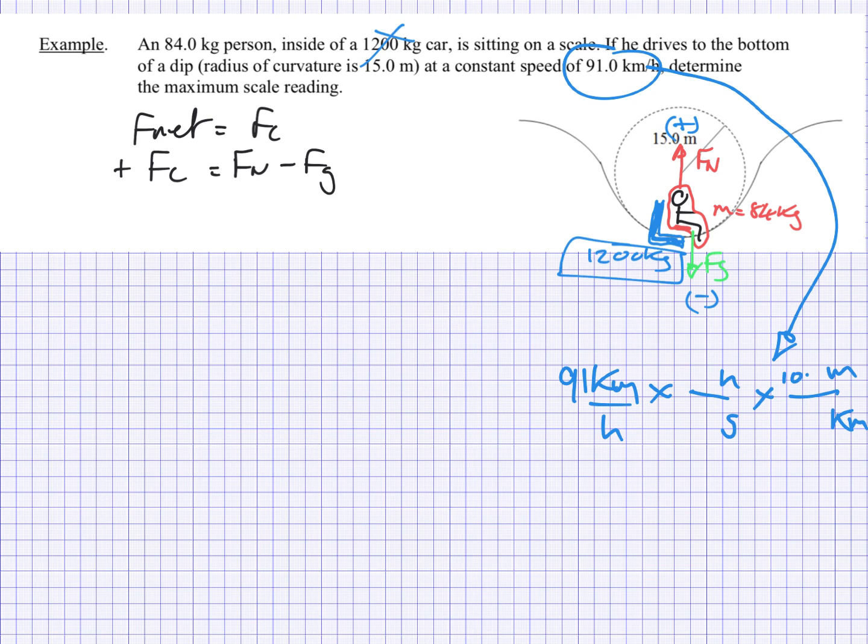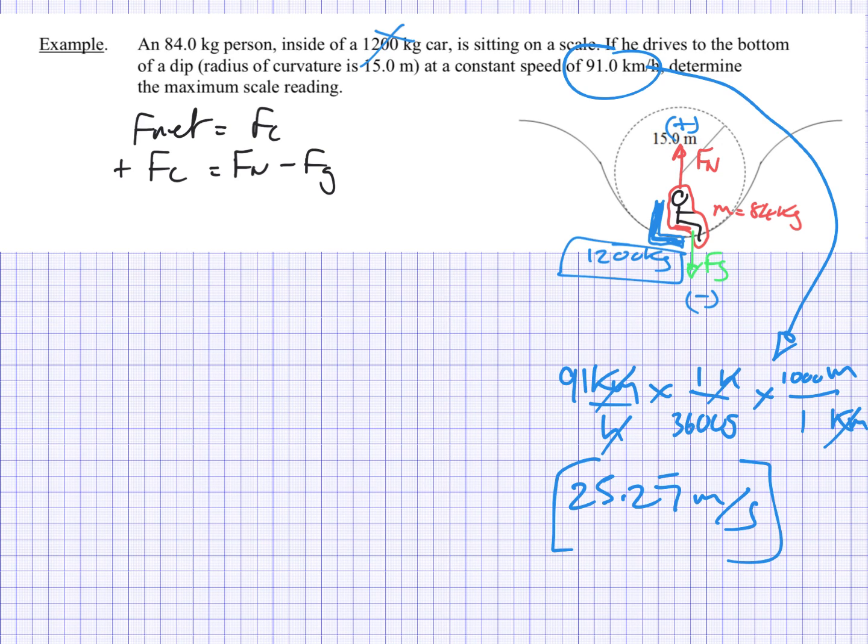And of course, there are 1,000 meters in a kilometer, and there are 3,600 seconds in an hour. So I cancel out my hour, I cancel out my kilometers, and I get 25.2777 meters per second. So that's actually my speed.